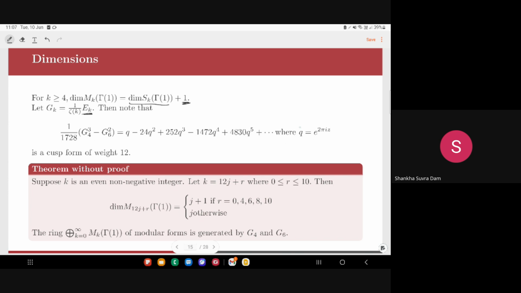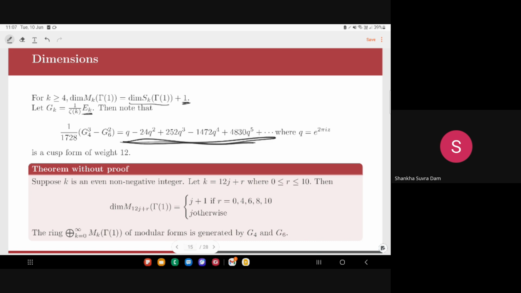This is a really strange function to come by at first glance, but it has some really nice properties. First of all, the coefficients are multiplicative, in the sense that if m and n are co-prime, then the coefficient amn would be am times an.